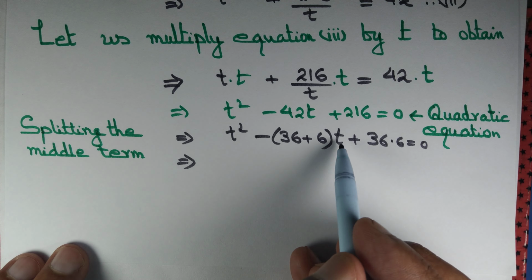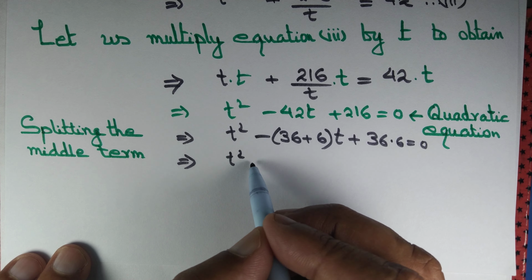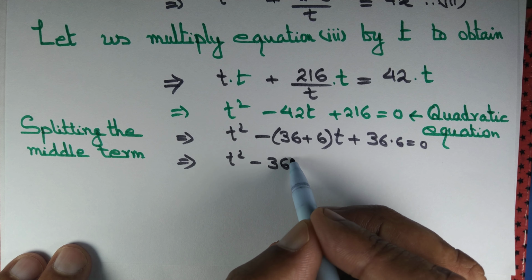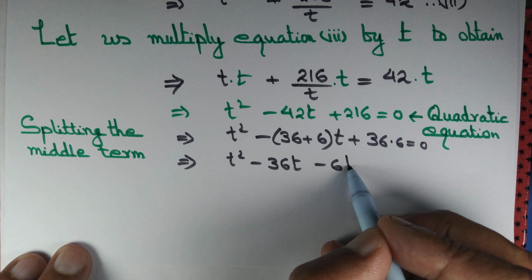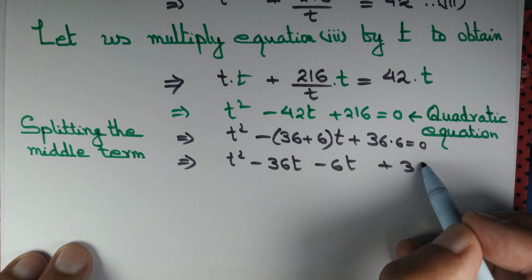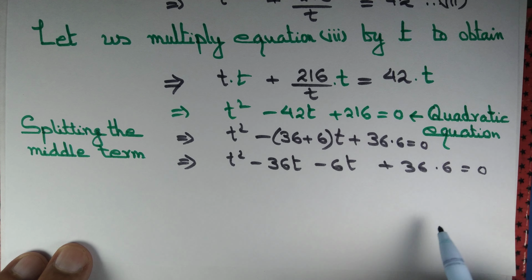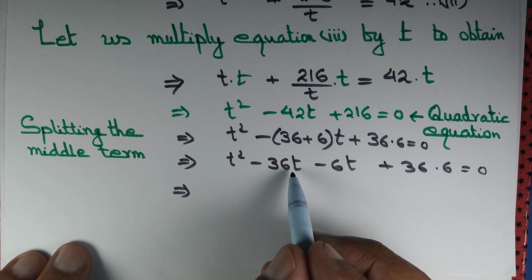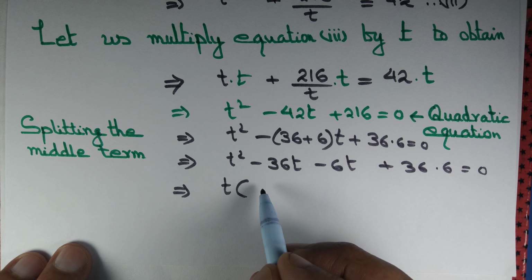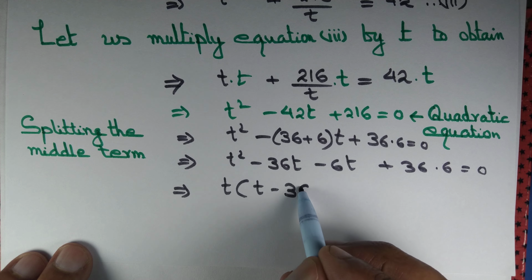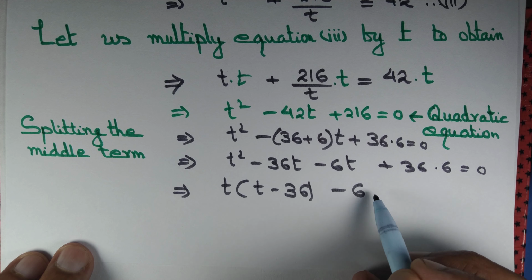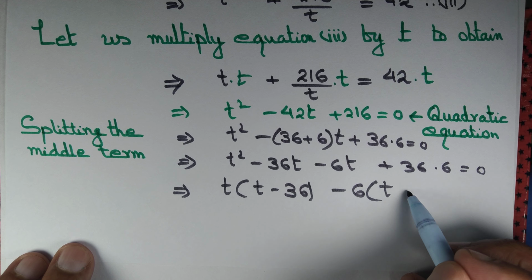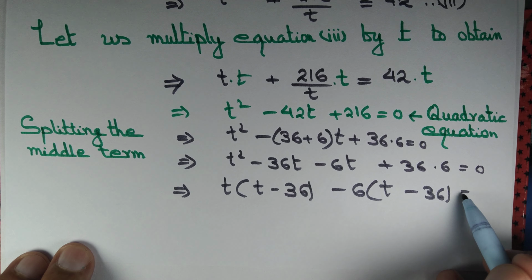Now, let's distribute it. t squared - 36t - 6t + 36 into 6 = 0. Now, we take t common to obtain t into (t - 36). And here -6, if we take common, then we get (t - 36) = 0.